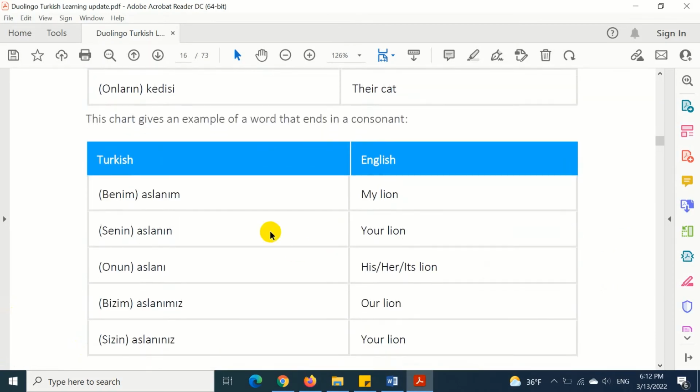Here, aslan. Aslan means lion, but see here, aslan ends in a consonant letter N, or in Turkish pronunciation, ne. So, see here, this letter is added before M, and it is added considering the vowel harmony.